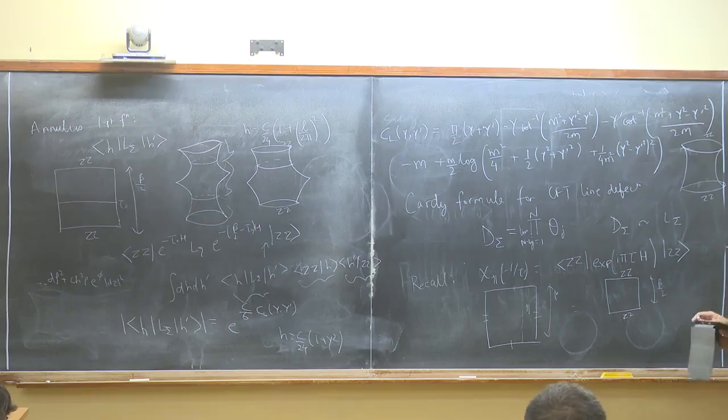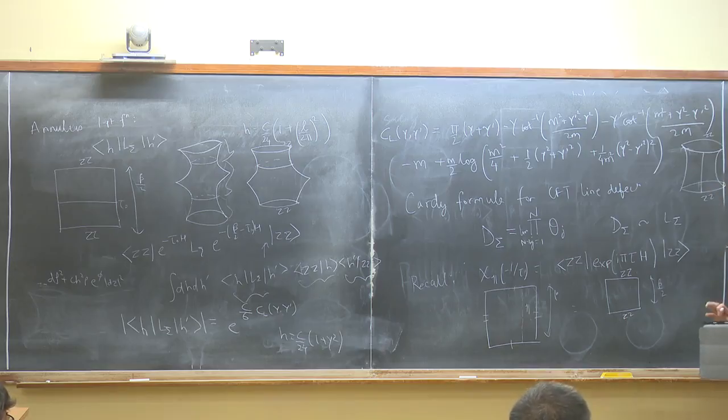Yeah. For instance, you could evaluate this cylinder using the boundary channel. When I write it this way, I am evaluating it as a closed string transition amplitude. In the dual channel it's an open string channel, like you're quantizing Liouville CFT on a segment, and then computing the partition function.